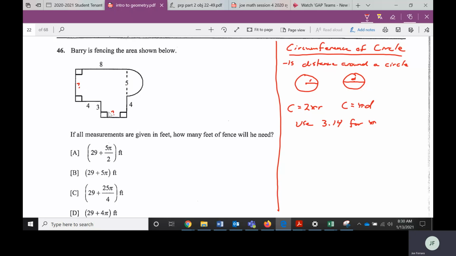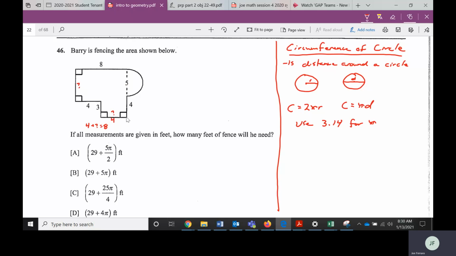So let's look at this one first. Across the whole top, that's 8. Across this bottom, this and this make up that bottom. So we have 4 plus question mark should equal 8. Well, 4 plus 4 is 8. So that's a 4. Okay, now let's look at this side.